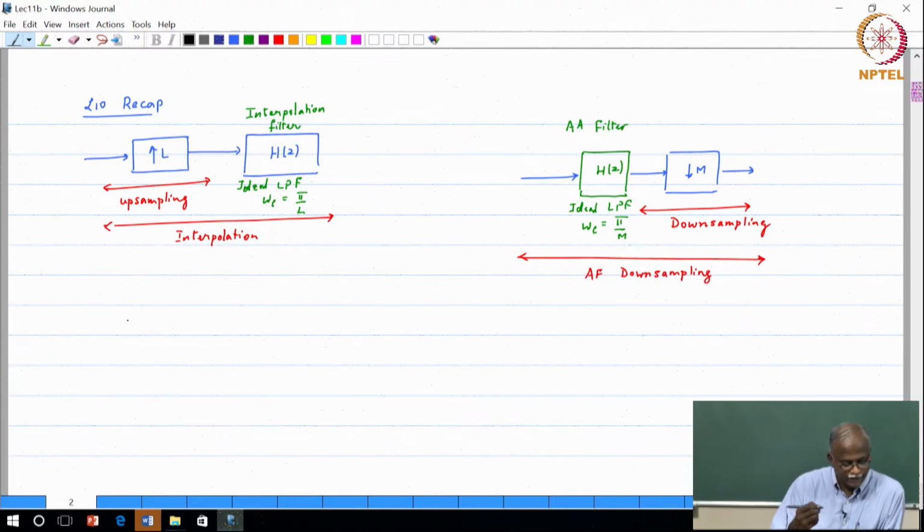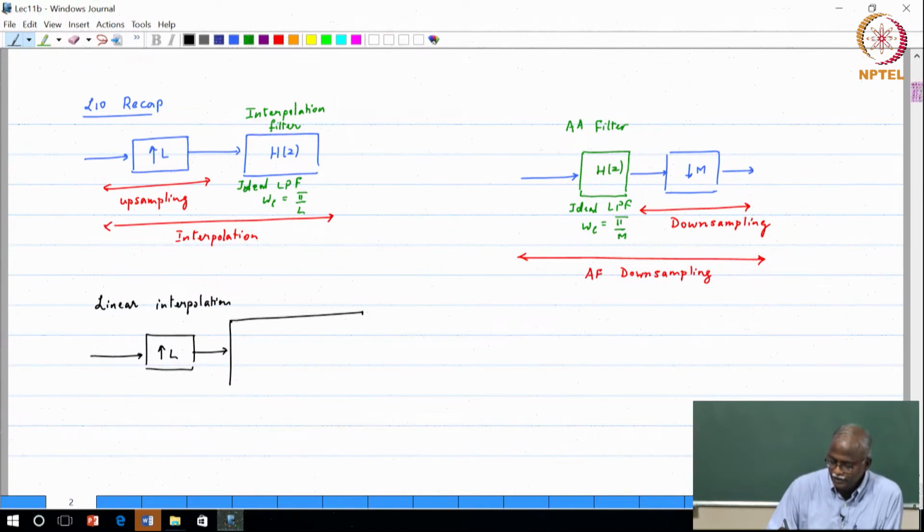After this insight, the point that we discussed quite at length, with several questions after class and a very good discussion, was the interpretation of linear interpolation. Linear interpolation, we said, can be understood as upsampling by a factor of L, whatever your requirement, and then using an interpolation filter, but not the ideal interpolation filter.